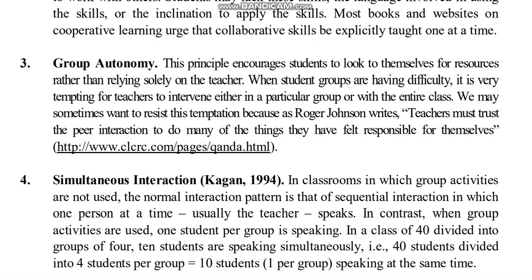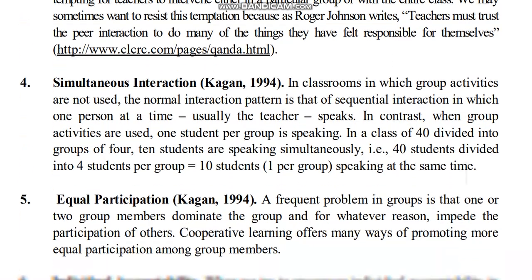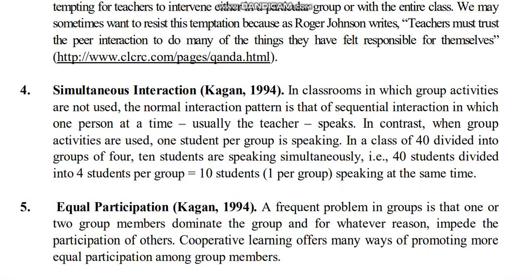In a class of 40 divided into groups of 4, 10 students are speaking simultaneously. For example, 40 students divided into groups of 4 is equal to 10 students, one per group, speaking at the same time.